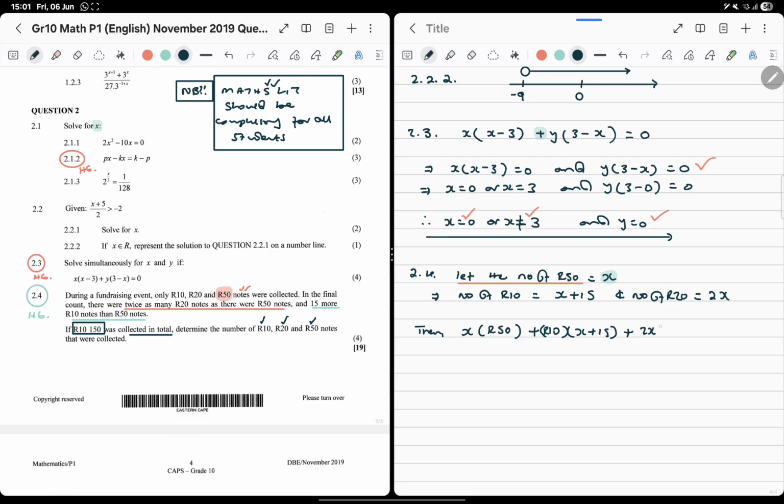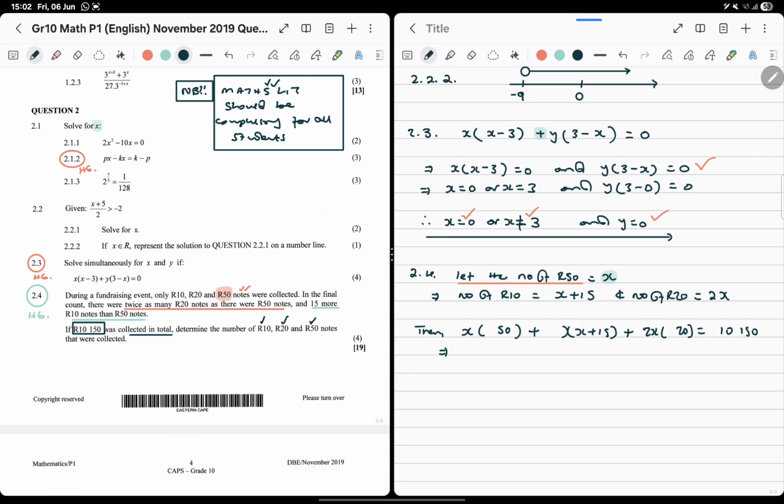So this is going to be 2x into 20 or 20 into 2x, whatever. So we can say 2x into 20 rands is going to be this 10,150 rands. That's what this is. Nice equation. This implies, of course, guys, we can ignore the rands at this point because it doesn't really help the situation right now.